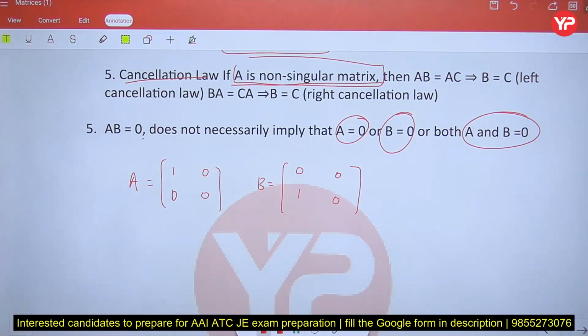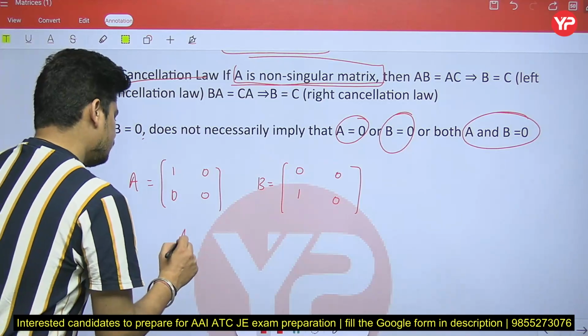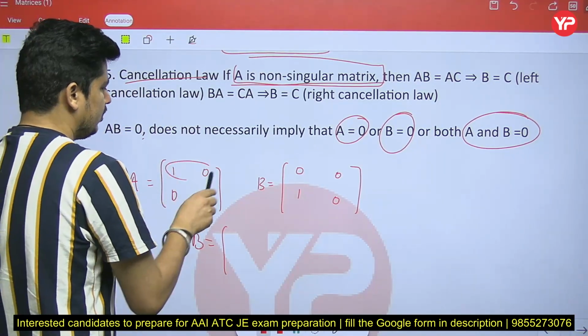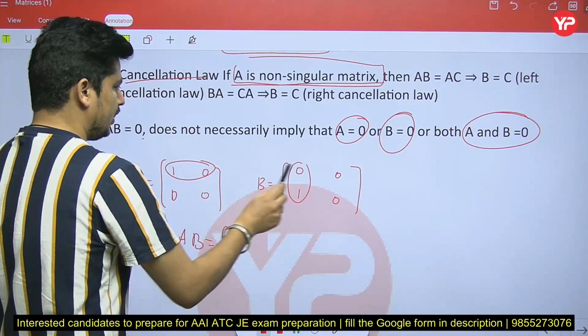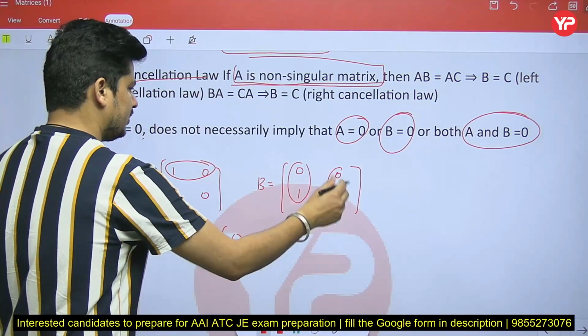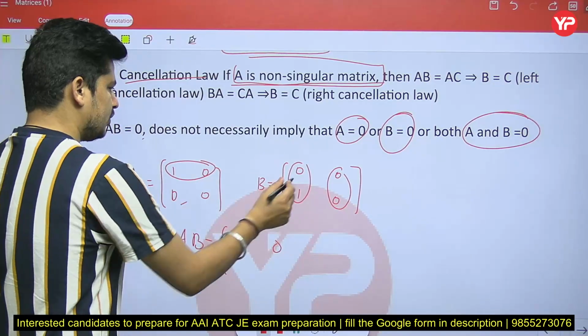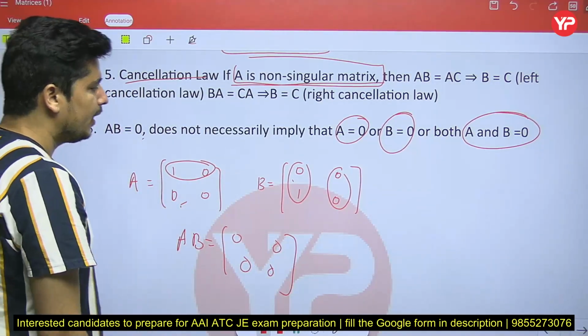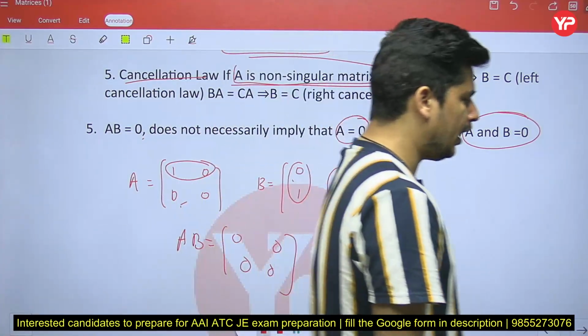When you perform A into B, you multiply this row with this column: 1 into 0, 0 into 1, that is 0. This one with this one, that is 0. This one with this one, that is 0. This one with this one, that is 0. So here both A and B are non-zero matrices.